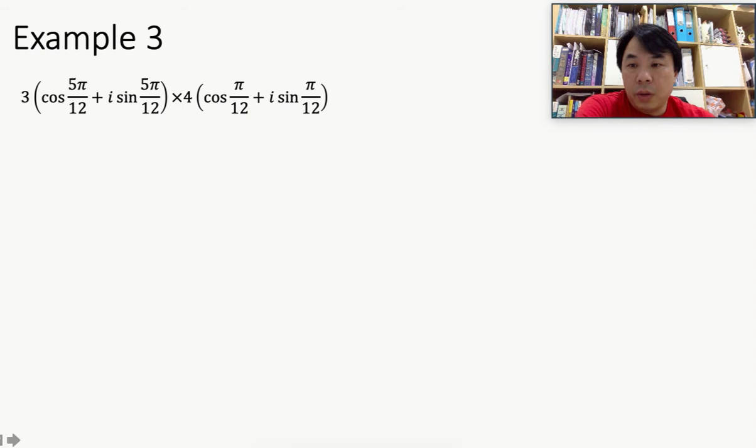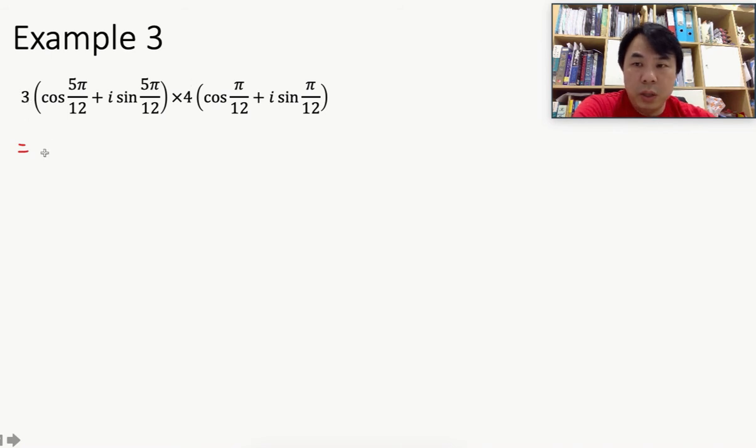Let's look at this. If you are interested to work with the multiplication between these two complex numbers, it's always best to represent this in its Euler form. Personally, that's how I feel. But if you like your trigonometry, by all means, you can go ahead with that. Now, first of all, my strategy would be to collect all the magnitudes together.